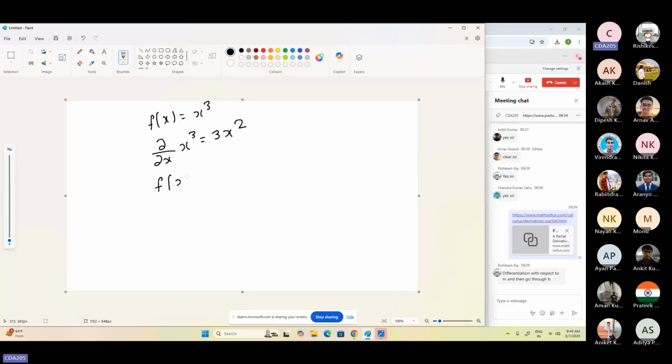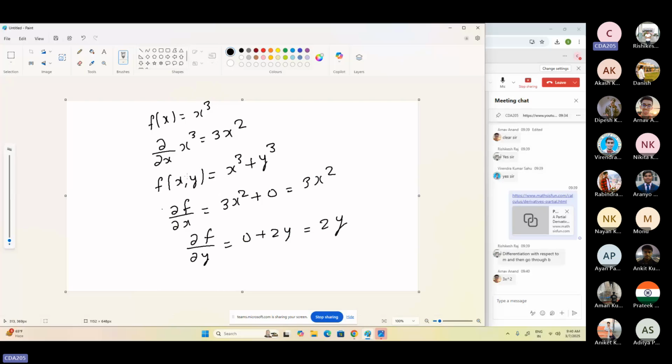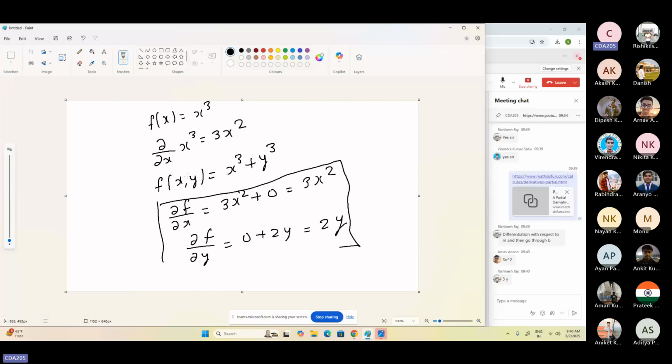Now when we have two variables in the equation, that is x cube plus y cube, df/dx is equal to 3x square plus 0, that is 3x square, and another one, df/dy, is 0 plus 3y square. Sorry, it is 3y square.